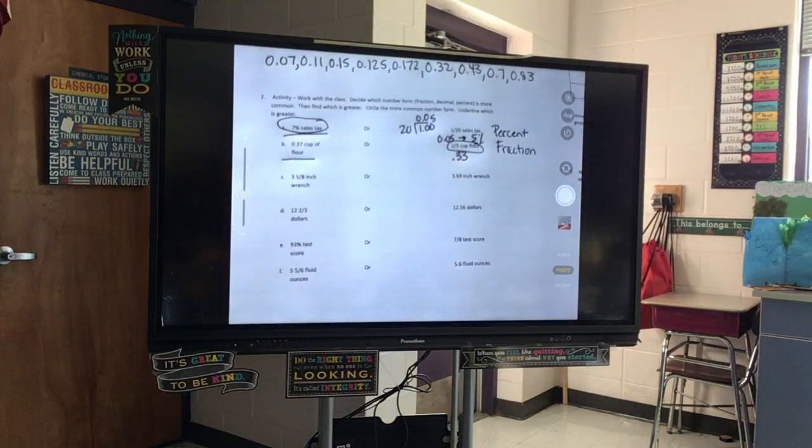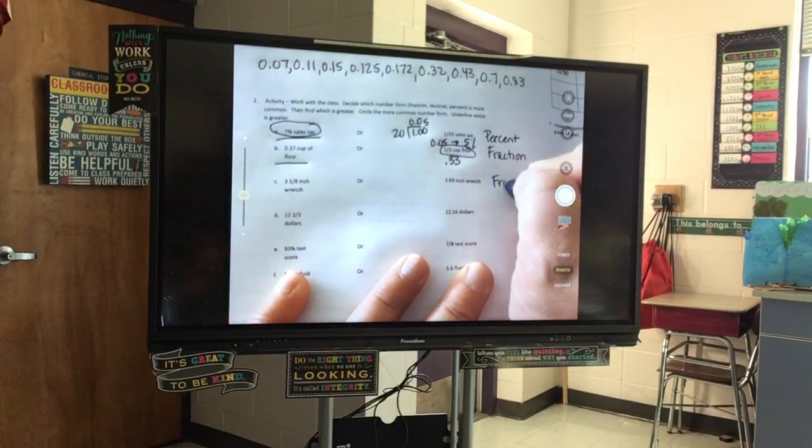All right, next one. 3 5/8 inch wrench or 3 69/100 inch wrench. Are we going to use fraction, decimal, percent? Does anybody know what wrench measurements are? Okay, so usually your wrench measurements are in fractions. So this is going to be fraction.